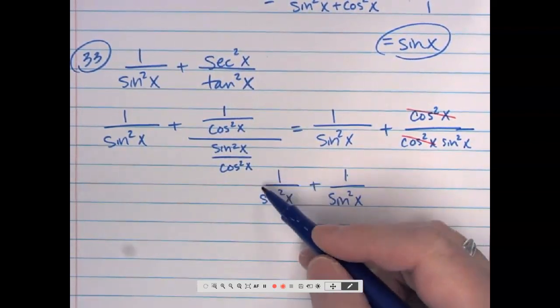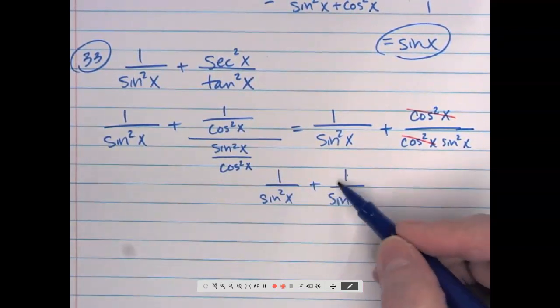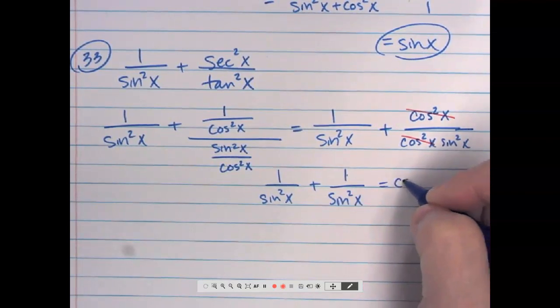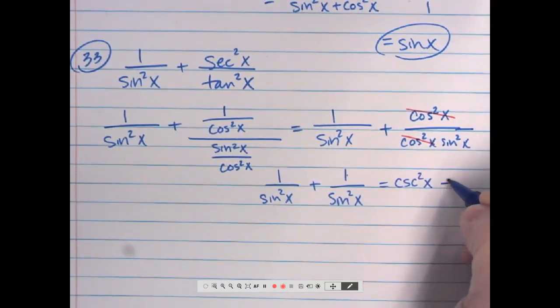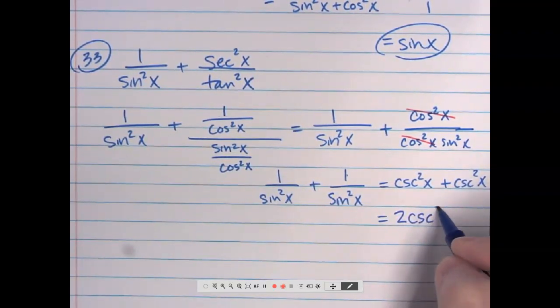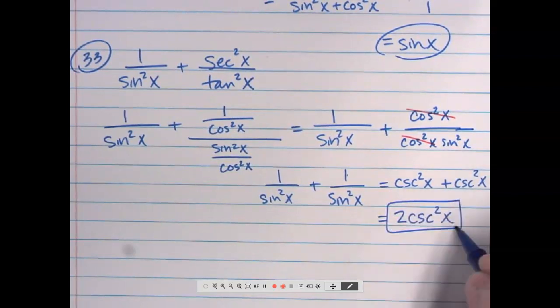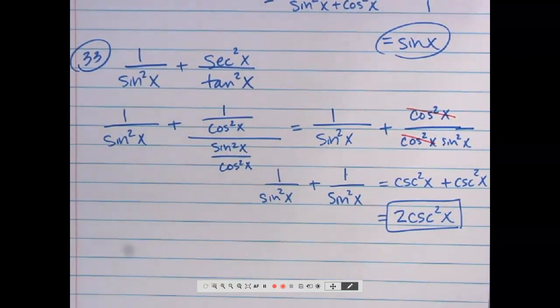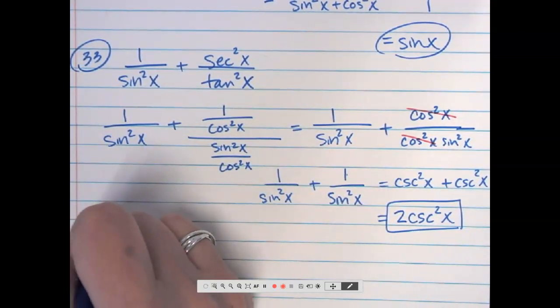Well, that's cosecant squared plus cosecant squared is what? 2 cosecant squared. Fun, fun, fun. Any questions on that one?